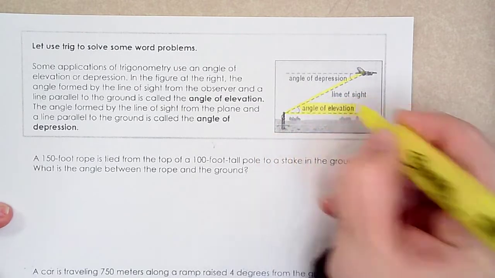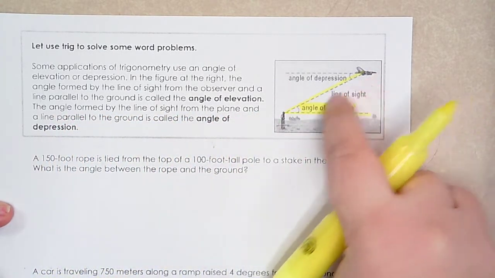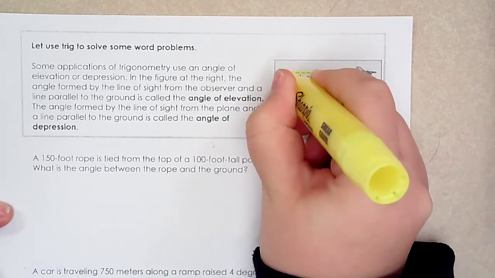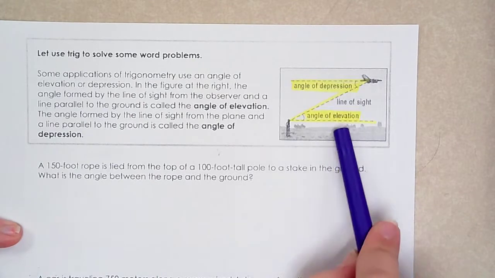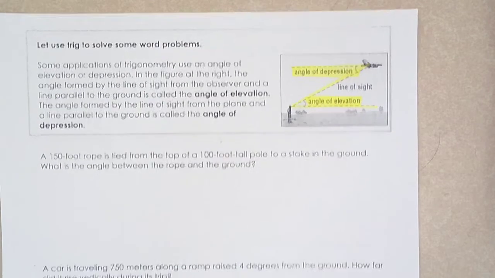Obviously, elevation goes up. The angle formed by the line of sight from the plane and the line parallel to the ground. So up here is your angle of depression. Depression meaning downward. So your line of sight doesn't change, but where your angle of elevation or depression are due is based on that line parallel to ground. All right, enough of that.